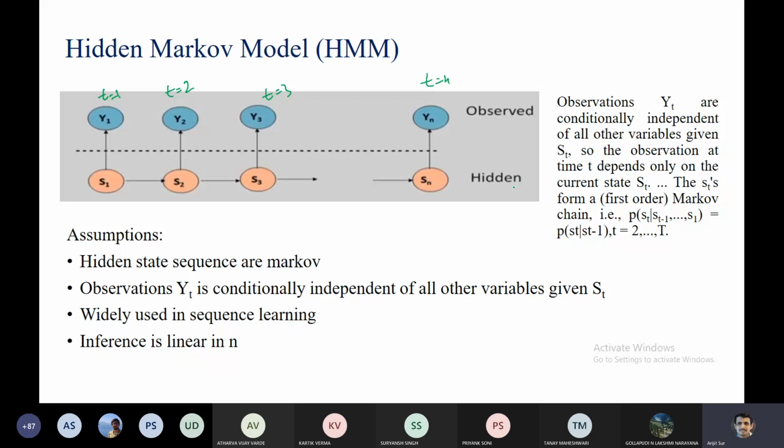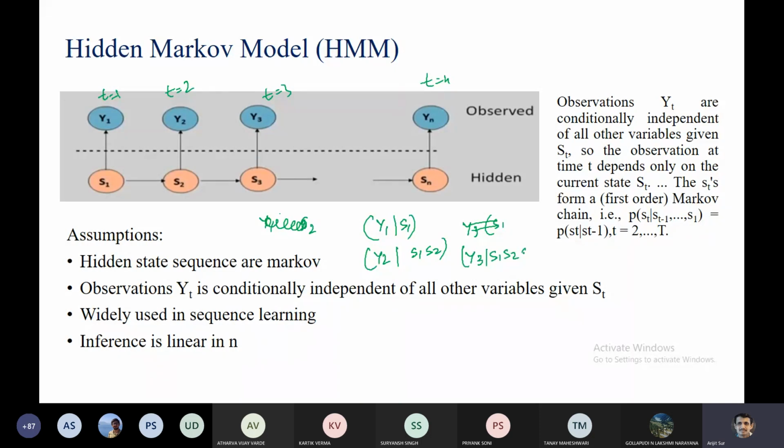So here, probability of y1 depends on S1, probability of y2 depends on S1, S2, and probability of y3 depends on S1, S2, S3.